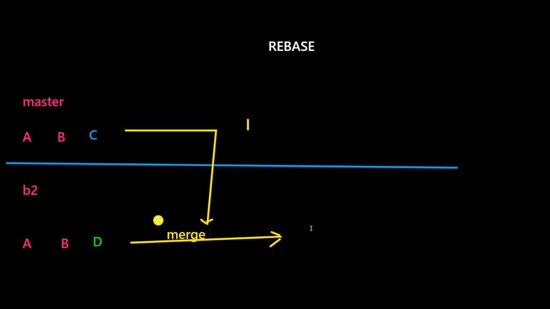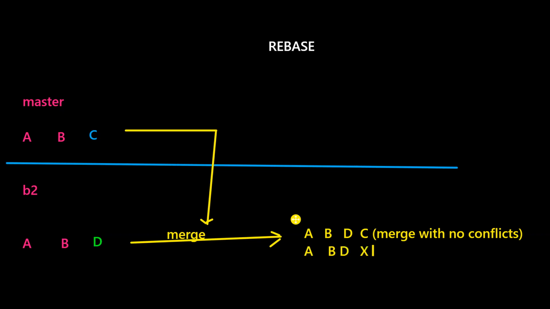Whenever you merge, the commit history would be like commit A, commit B, commit D or whatever, and a new commit ID will be added into the current branch, the destination branch, isn't it? When there is no conflict. If there is a conflict also, a new commit ID will be added, but the ID would be different.